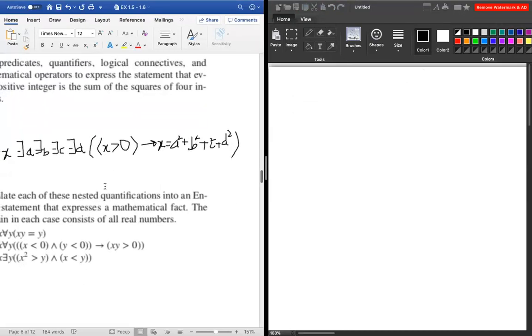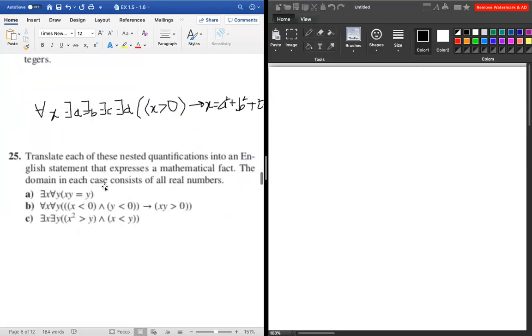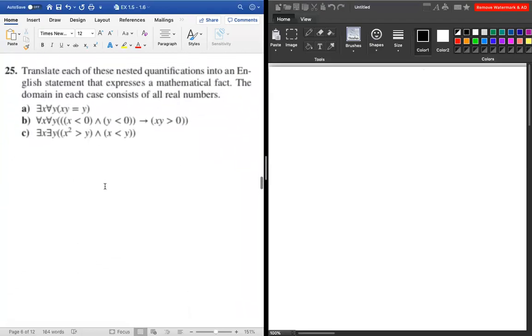Okay. Now we have this question number 25. Here it says translate each of these nested quantifications into an English statement that expresses a mathematical fact. Okay, basically we have to translate them into English ones.